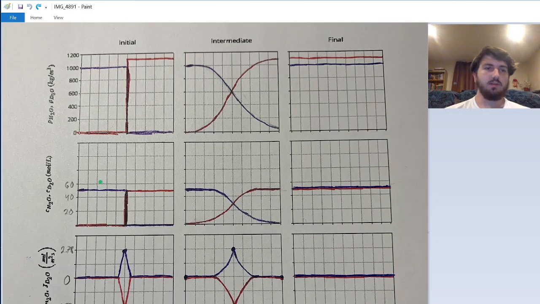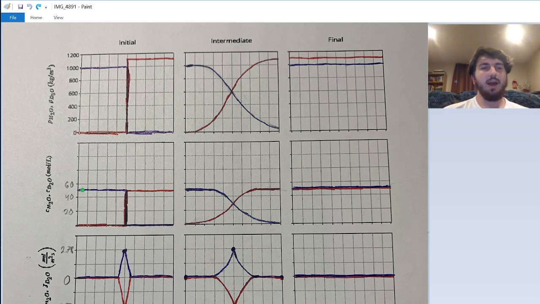For molar concentration of H2O and D2O, it's a similar situation. We have the molar concentration of H2O as 55.5 moles per liter, and the same is for D2O. It's a little bit less, but it's such a minute difference in this situation.